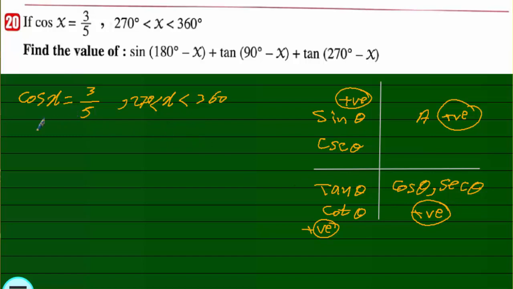This angle here, x, lies between 360 and 270, so it lies in the fourth quadrant. So we write cosine x equals 3 over 5. So it belongs to the fourth quadrant.